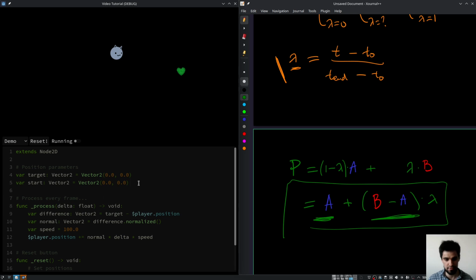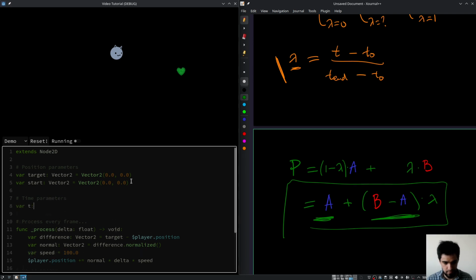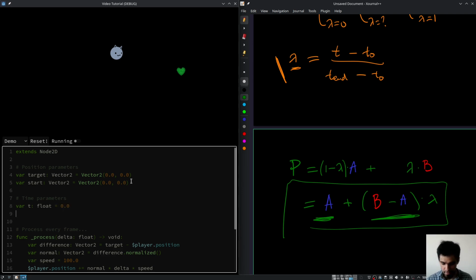So first we will need some time parameters, which are going to be floats. I'm using Godot, but this works on any engine, on any programming language you use. I'm going to say my big T is how long it takes for each to reach the objective, which is going to be just, let's say, 2 seconds.